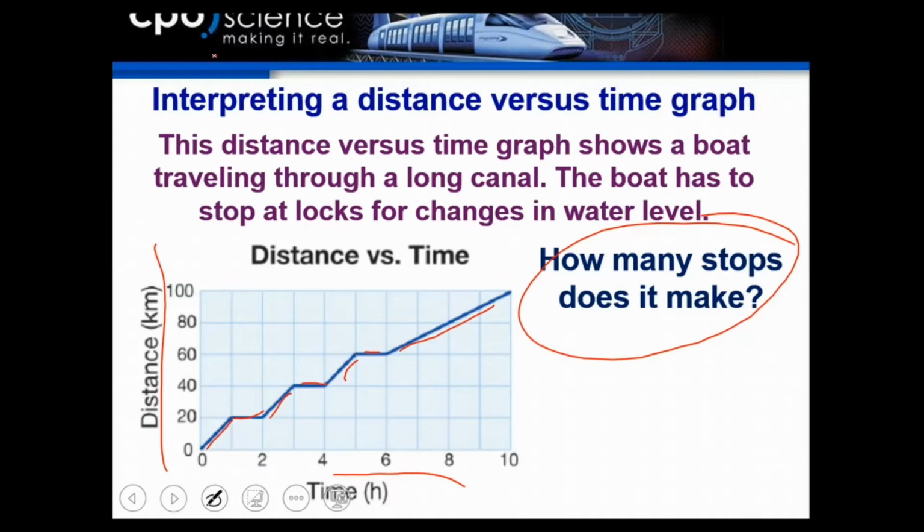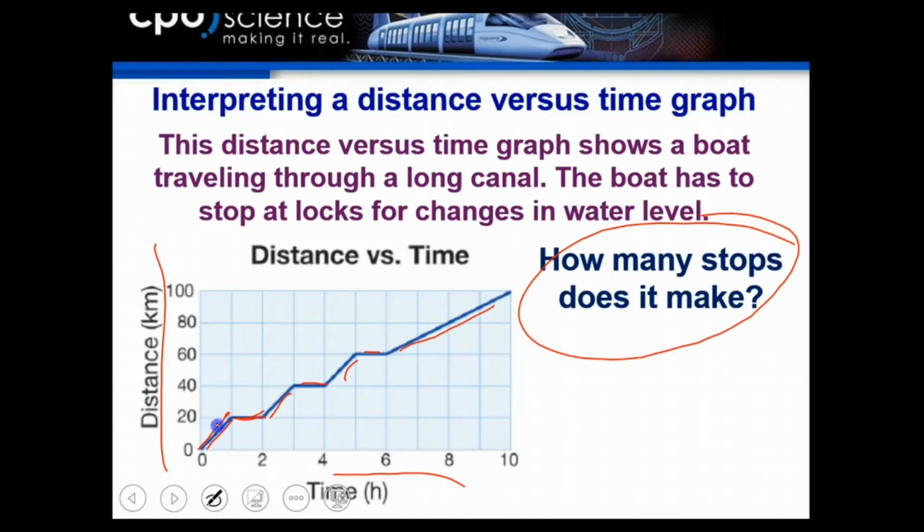Okay, so we need to figure out which one of these tells us that we have made a stop. Okay, so which one makes sense? Does it make sense that this part that's going up means that we made a stop, or this flat part means we made a stop?